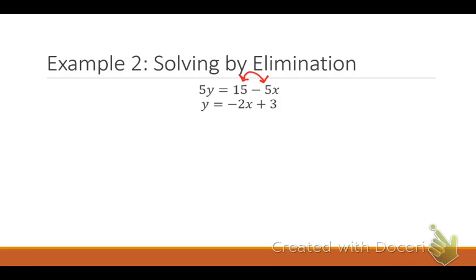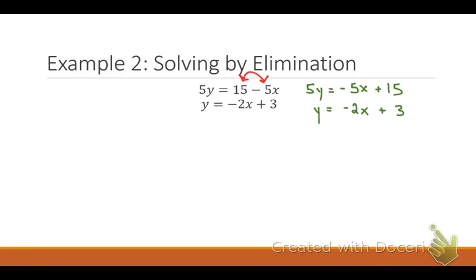Let's just rewrite it. I have 5y equals negative 5x plus 15. Then I have y equals negative 2x plus 3. Now remember, I want either my x or my y to cancel.